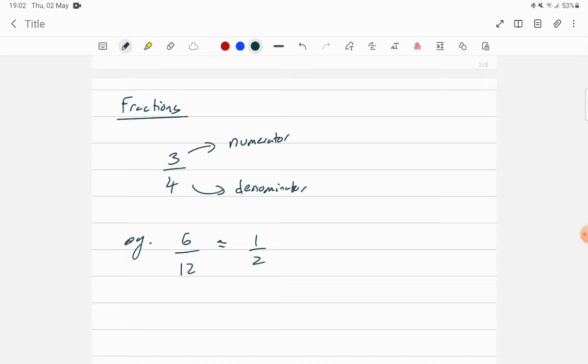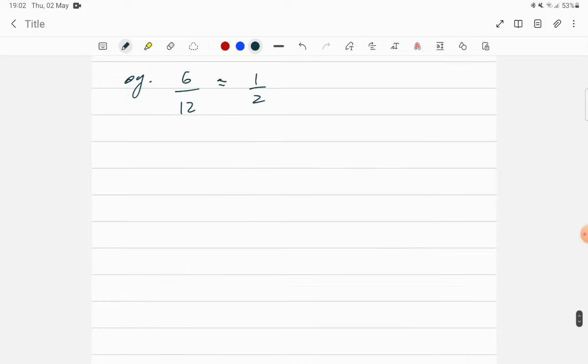Apart from that, you also get improper and mixed fractions. Your improper fraction is generally a fraction that is more than 1.